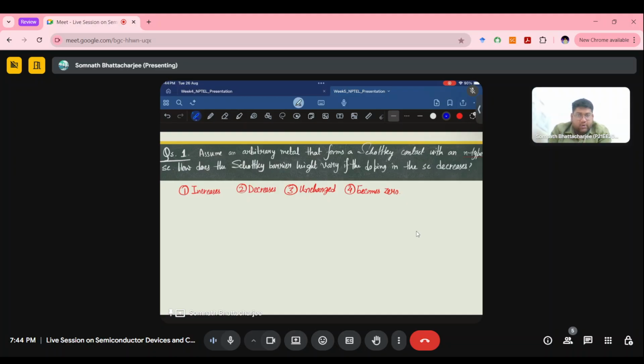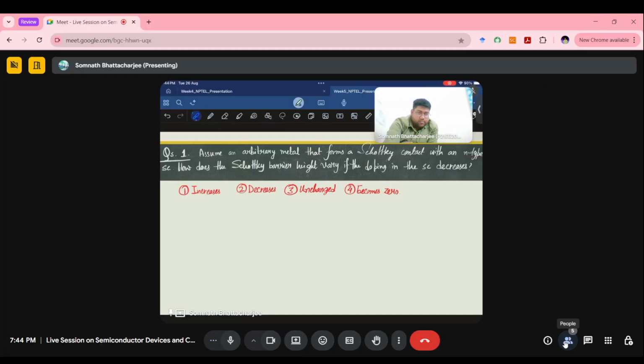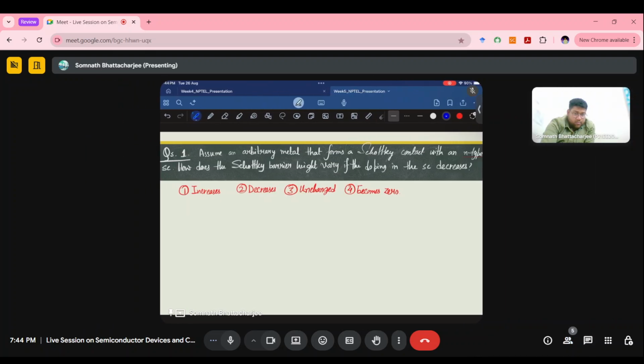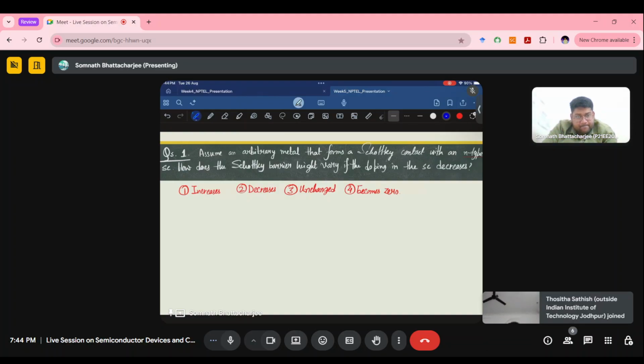Will it increase or decrease or remain unchanged or become zero? Try answering this, and I also need an explanation of why it's happening.